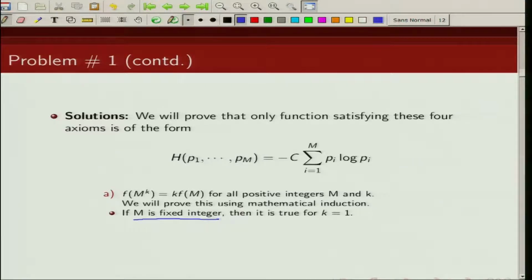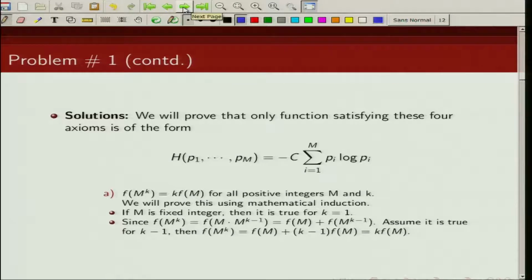So if m is a fixed integer, clearly for k equal to 1, that's true because f of m is equal to 1 times f of m, so it holds true for k equal to 1. Let's say it holds for k minus 1, so we want to prove that it holds for k. So f of m raised to k can be written as f of m times m raised to k minus 1. Now this from axiom 2 can be written as f of m plus f of m raised to k minus 1.